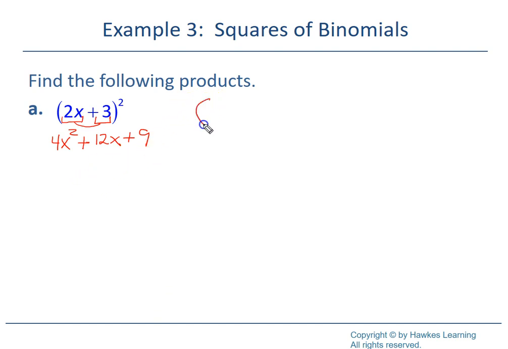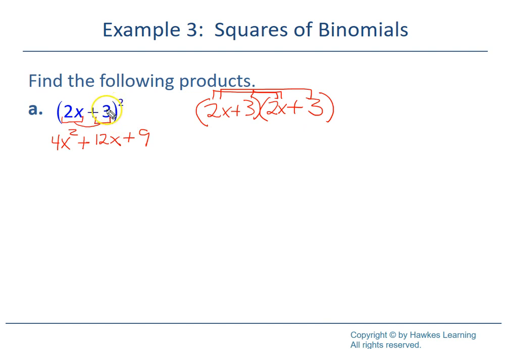Now, a fallback, of course, would just be 2x plus 3 times 2x plus 3. When you do your first, that gave you this squared. When you do your outers and inners, this gives you the product of these two, but doubled, because there's 2 of them.